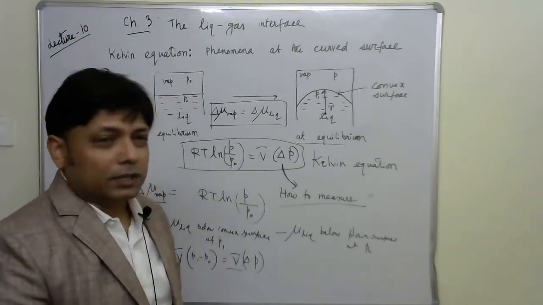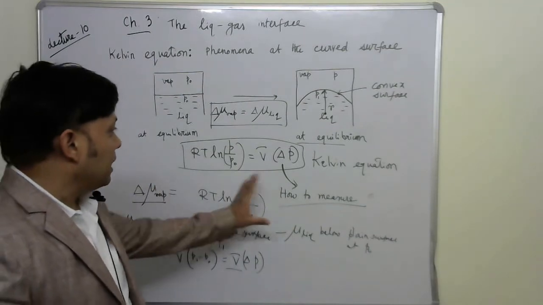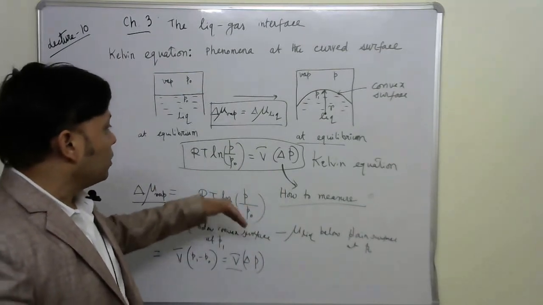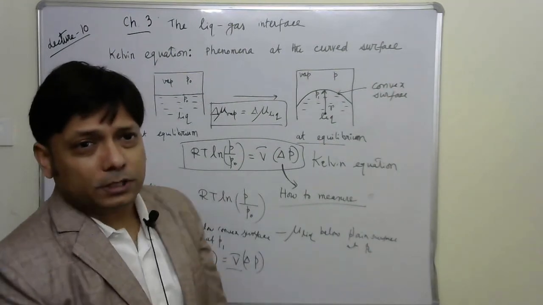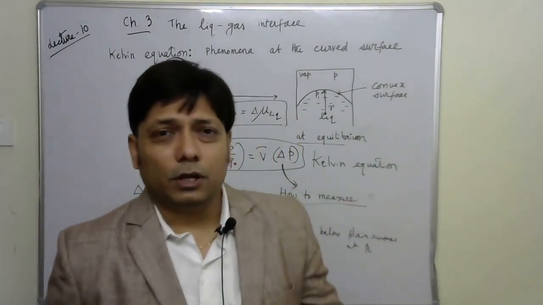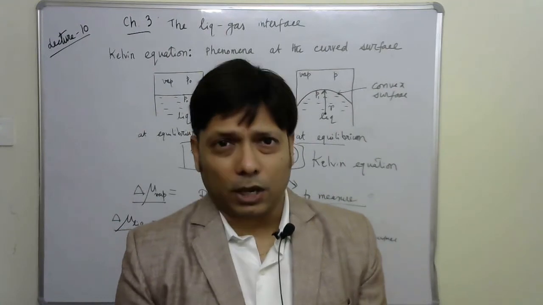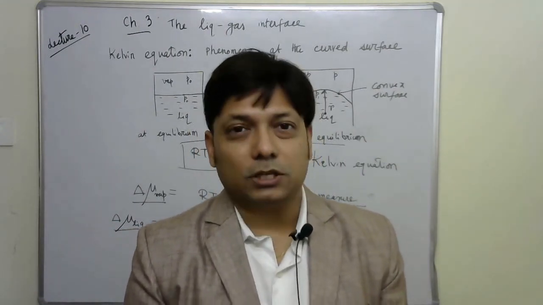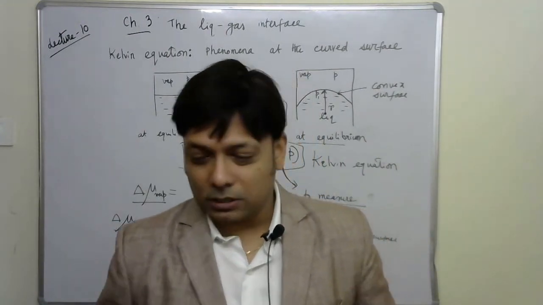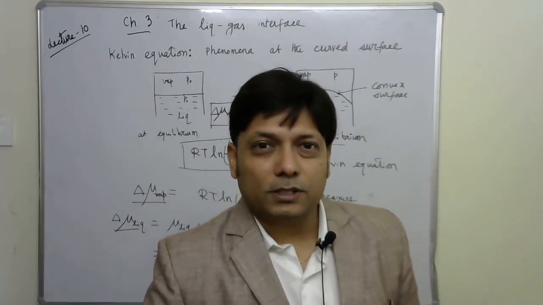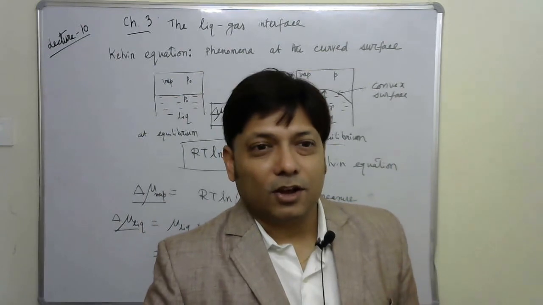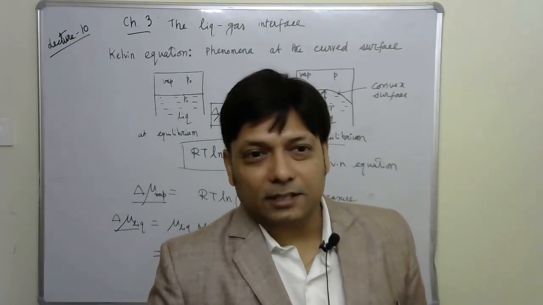In the next lecture we will go into details. We will have a complete expression of the Kelvin equation, and we'll see what the very important implications and practical applications of the Kelvin equation are in daily life and in colloid surface and nanosciences. Okay, so we will see you in the next lecture.